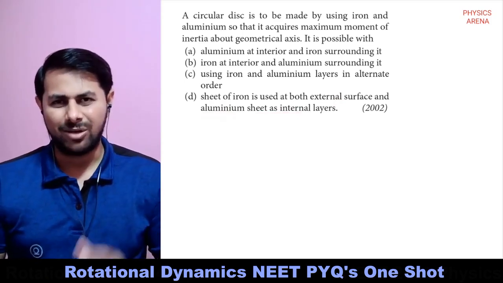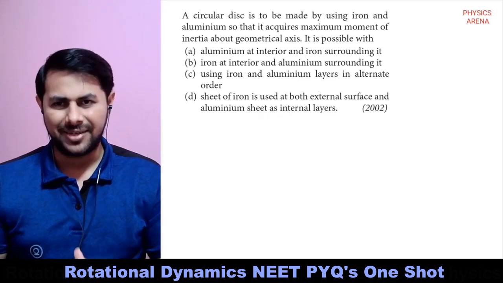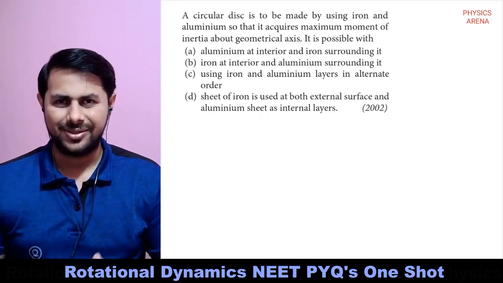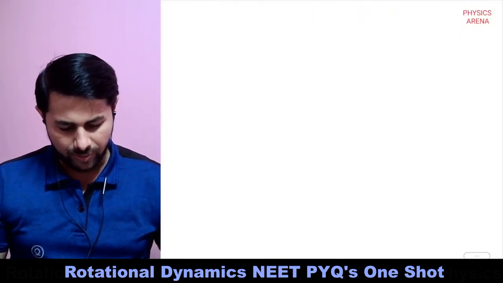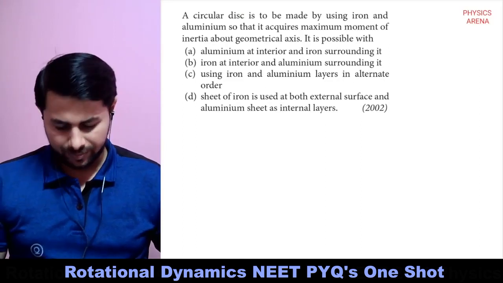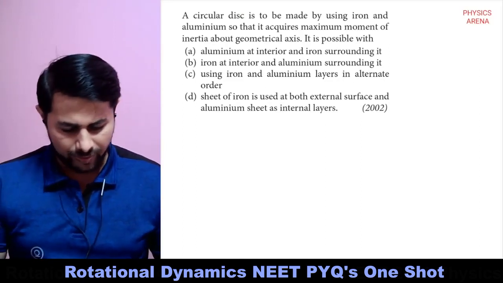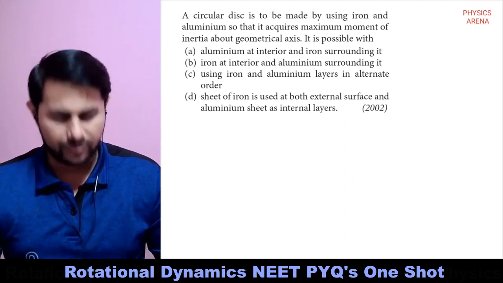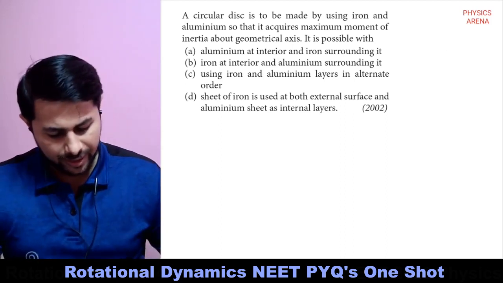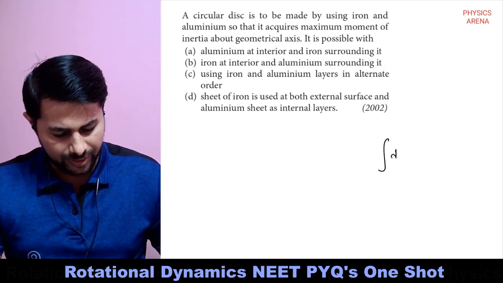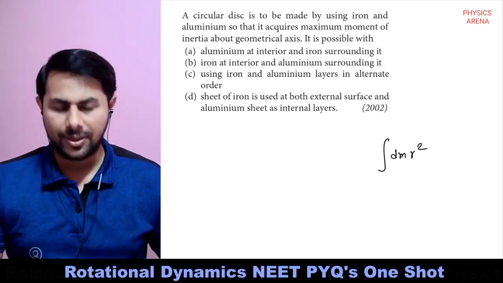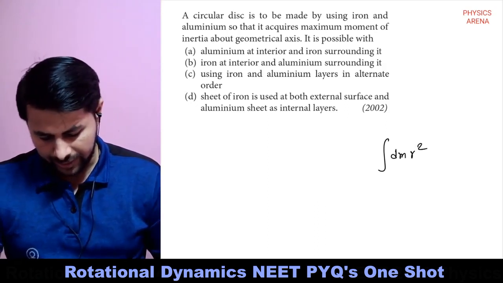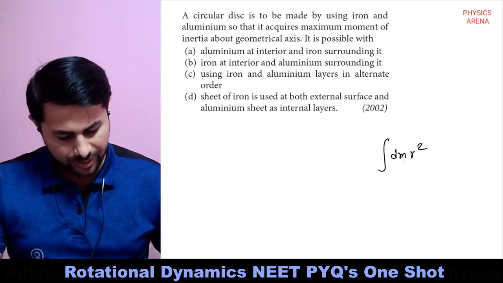We know that aluminium is very light compared to iron. Okay, so now the formula of moment of inertia. For a disk, you can say it will be integral of dm into r squared. Okay, this is the formula for moment of inertia.